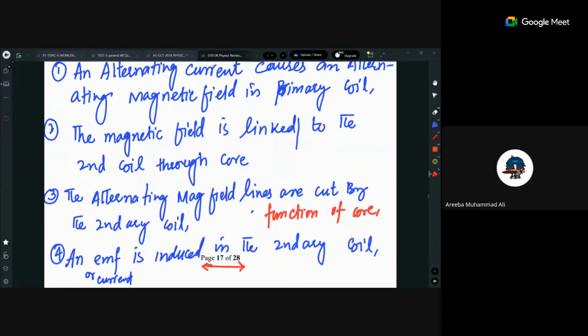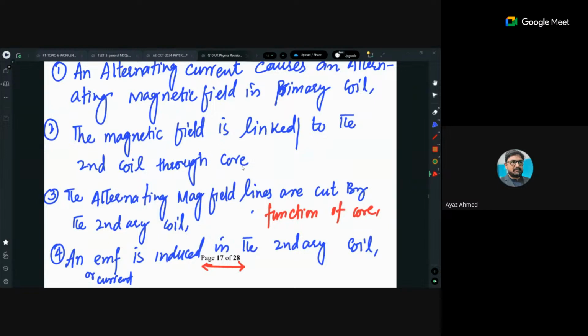Back, sir. I have written all these points. The alternating current causes an alternating magnetic field in the primary coil. The magnetic field lines are linked to the secondary coil through the core.